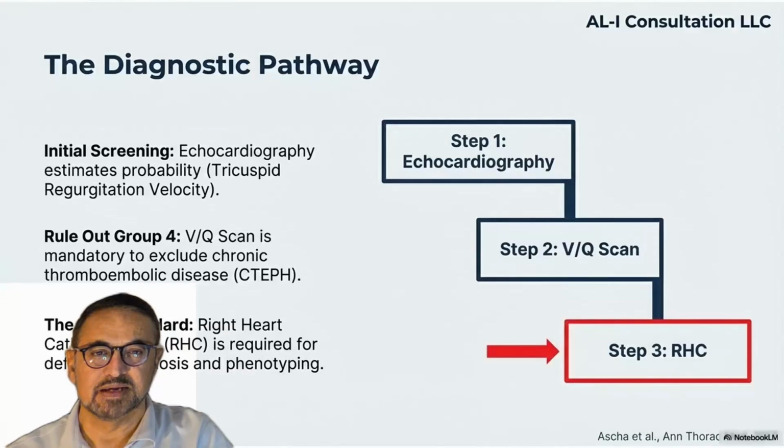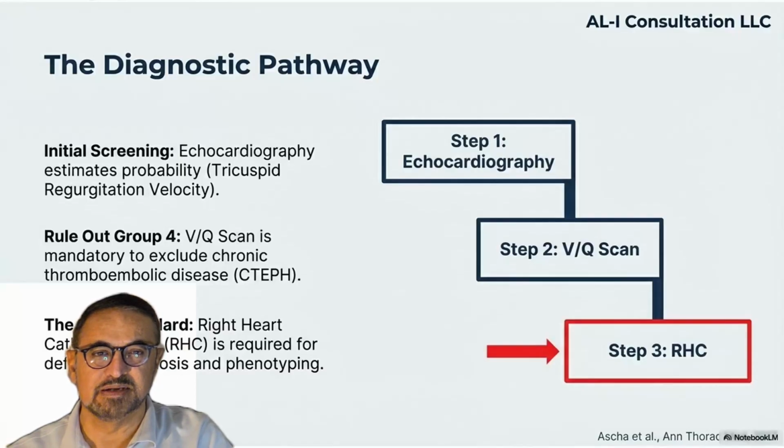Diagnostic pathway. The diagnostic pathway begins with suspicion, not with catheterization. Echocardiography is the screening test because it estimates the probability of pulmonary hypertension, often using tricuspid regurgitation velocity and supportive RV findings. But echo does not make the final diagnosis.